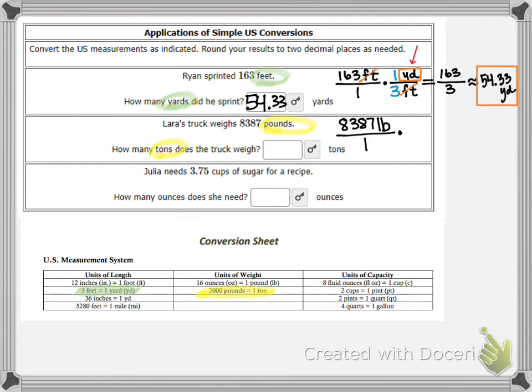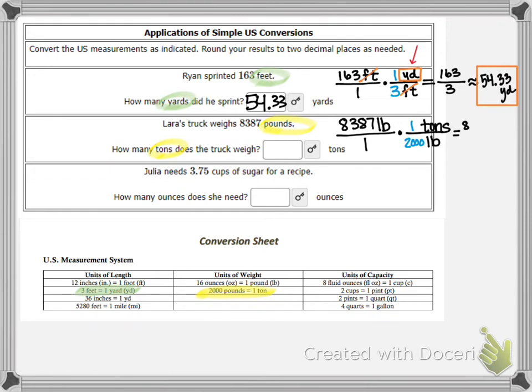And I'm going to create an equivalent measurement in tons by multiplying by a version of 1. So I'm going to multiply by a fraction where the numerator's unit will be tons and the denominator's unit will be pounds. So 2,000 pounds will go in the denominator and 1 ton will go in the numerator.